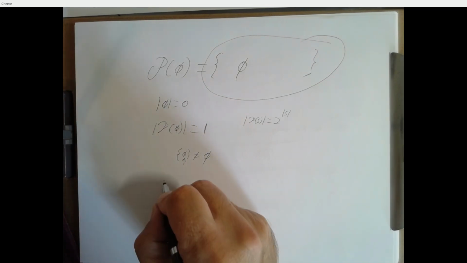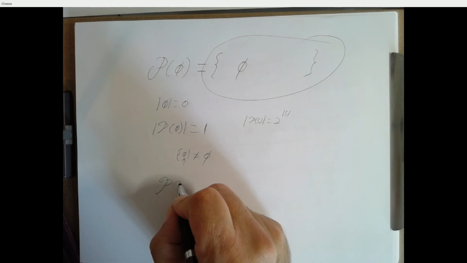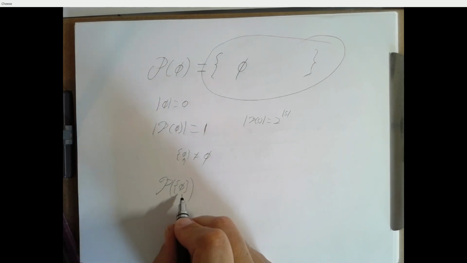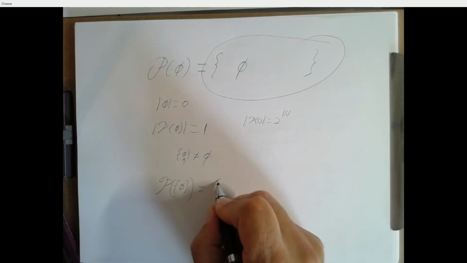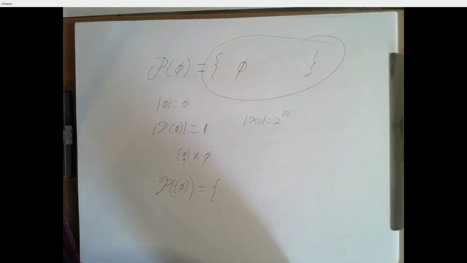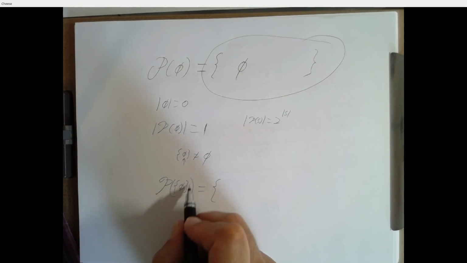Now, if you want to have some fun, take the cardinality of this thing, this set consisting of 1 element. Well, since this has 1 element, the power set should contain 2 to the 1, which is 2 elements. What are the 2 elements? What are the 2 subsets of this set here?